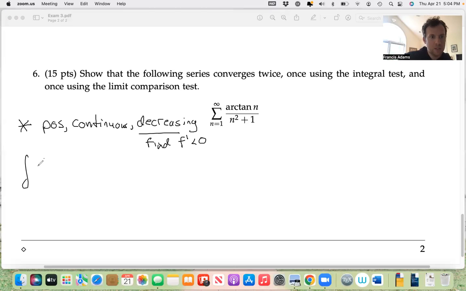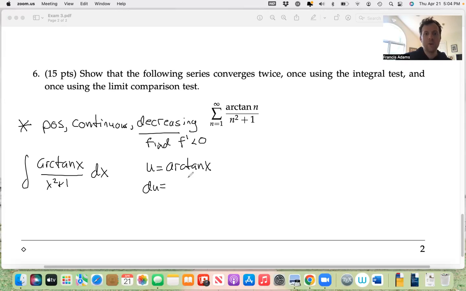Because if we integrate arctangent of x over x squared plus 1, the u substitution that works here is u is arctangent, and the derivative of arctangent is 1 over 1 plus x squared.